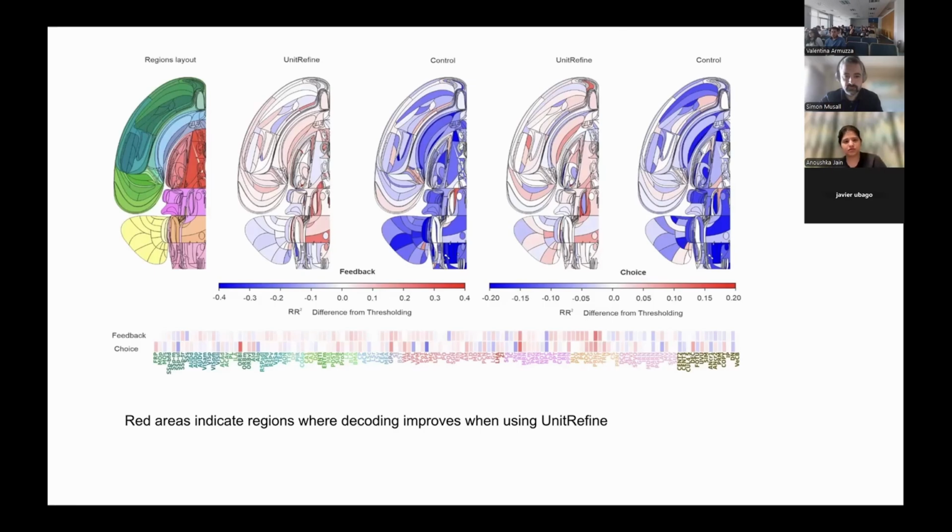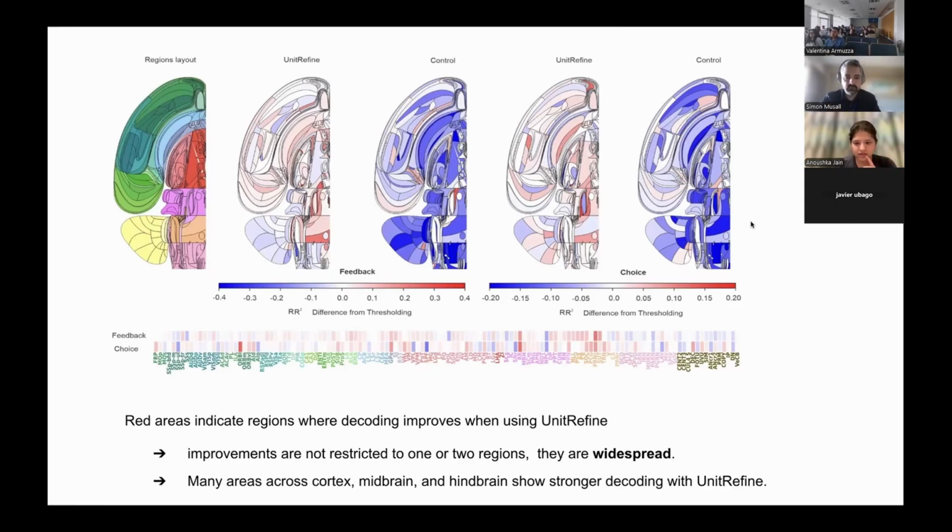So that just shows that if you're using UnitRefine, it really helps on a large scale in identifying brain regions. And it is something that we saw works.